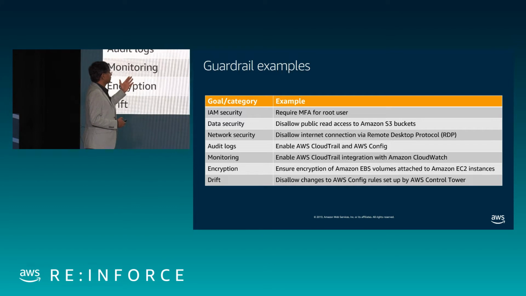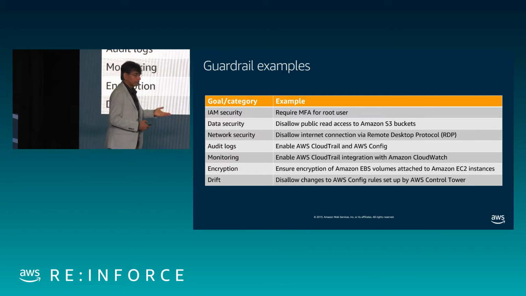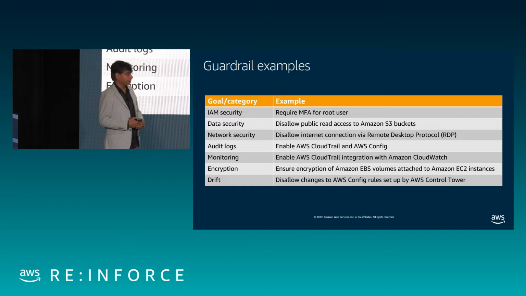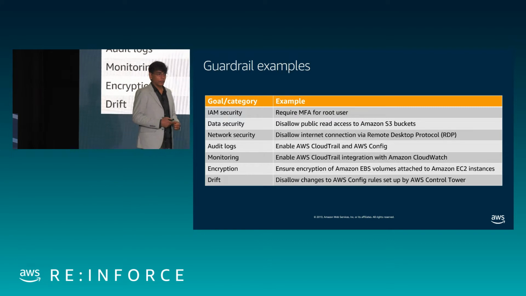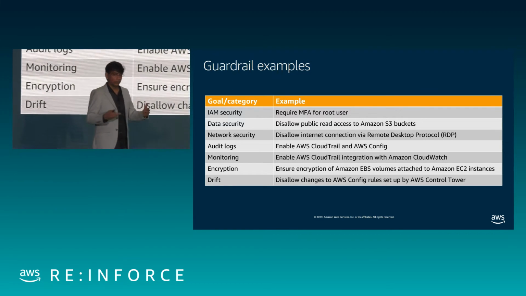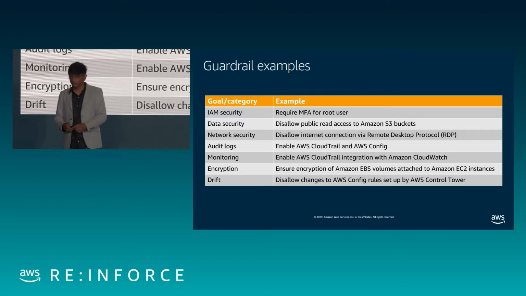And these are some examples of the guardrails that you can quickly enable on your organizational units. As one example, disallowing public read or write access on your S3 buckets at GA is available to you as a detective guardrail. And then you can enable it and quickly know which buckets have been enabled for public read or write, and then you get notified in the dashboard and you quickly react to that.